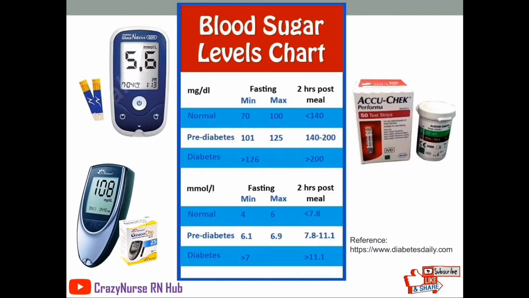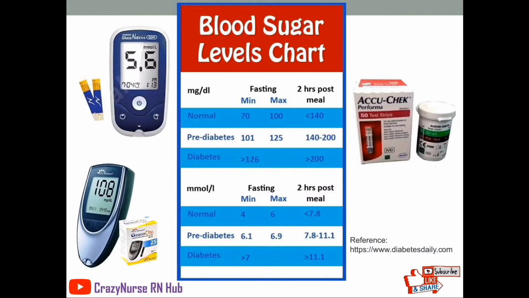For pre-diabetes fasting, we have 101 to 125 milligrams per dL, and for 2 hours post-meal, it should be within 140 to 200 milligrams per dL. For diabetes status, we have more than 126 milligrams per dL under fasting, and more than 200 milligrams per dL for 2 hours post-meal.